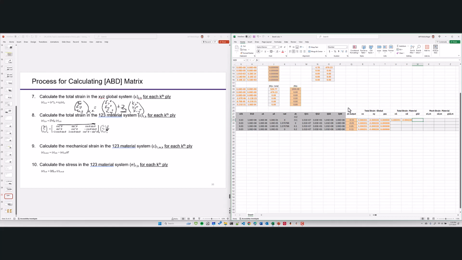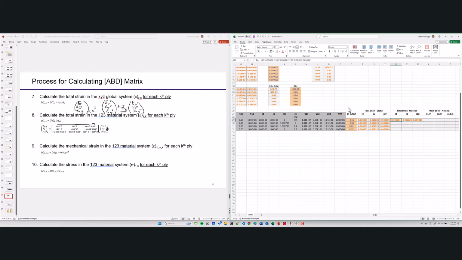And then gamma 12 equals minus 2 times EX times the cosine of theta times the sine of theta plus 2 times EY times the cosine of theta times the sine of theta, and then plus gamma XY times the cosine of theta squared minus the sine of theta squared. Close that off and I should be good.